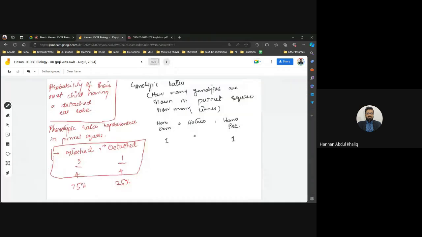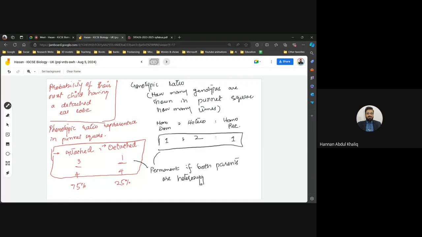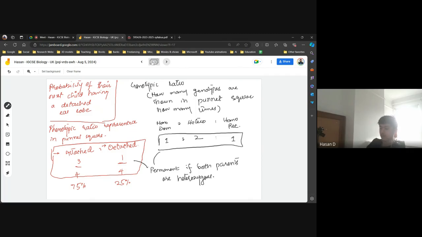So the rest of the two are 2. So the genotypic ratio for this cross, remember, could change. Both parents are heterozygous. If both parents are heterozygous. Got it? Yes.